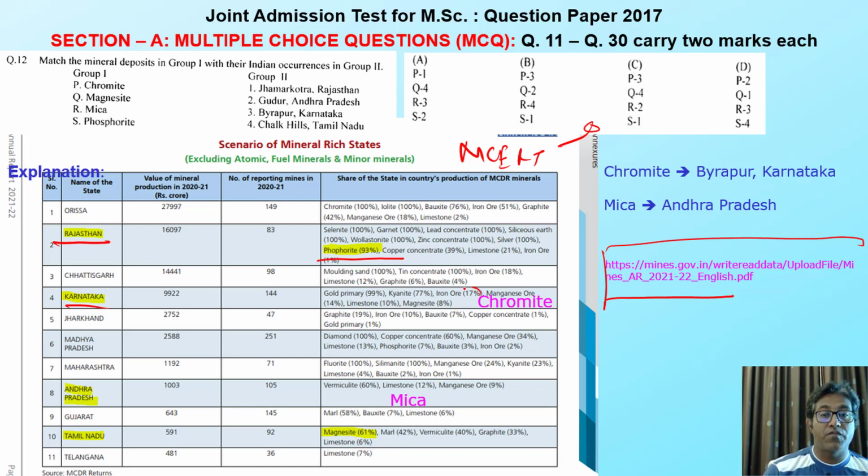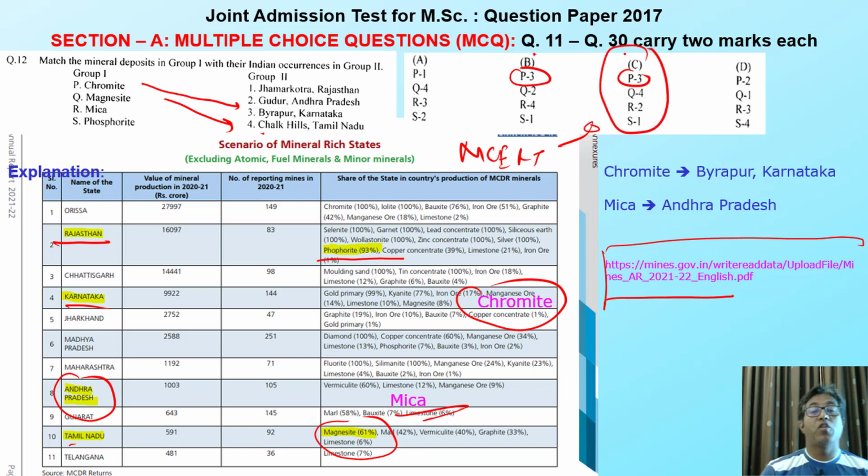Karnataka is famous for the chromite deposit, Andhra Pradesh is famous for the mica deposit, and Tamil Nadu is related to the manganese deposit. If I go through this table, I can identify this. Chromite is related to Karnataka, so my option is P3. So P3 is somewhere here; I have options B and C. Magnesite is related to Tamil Nadu, which is option 4, so this is Q4.